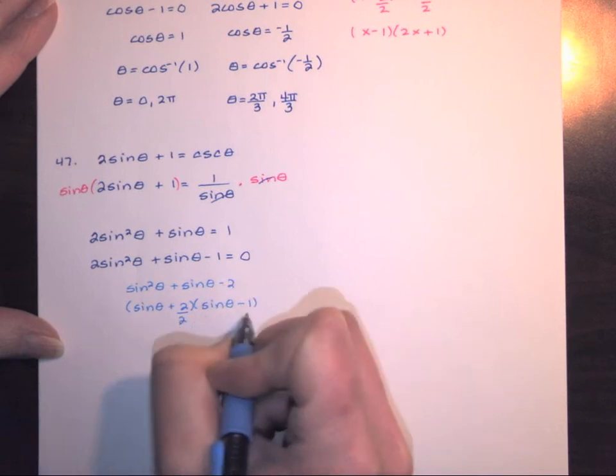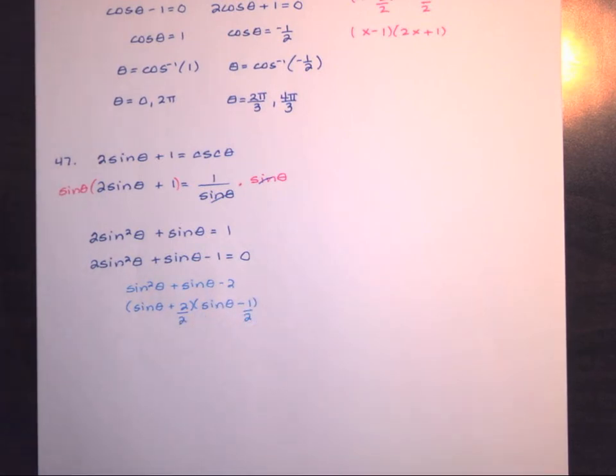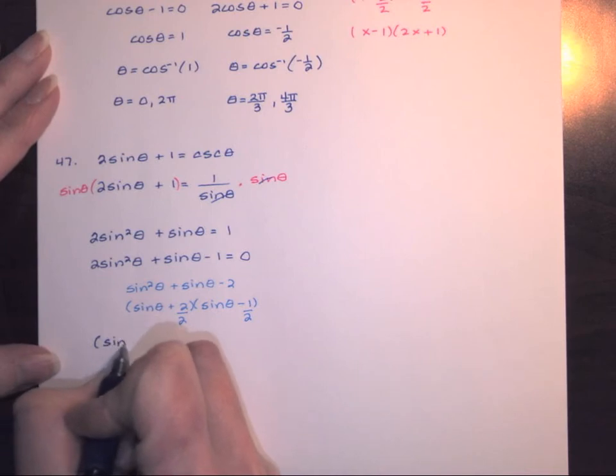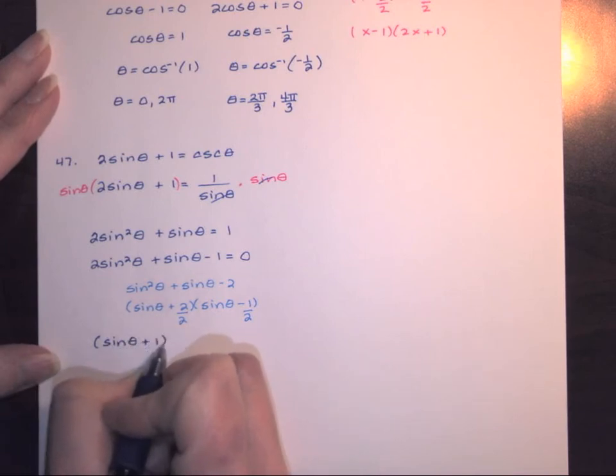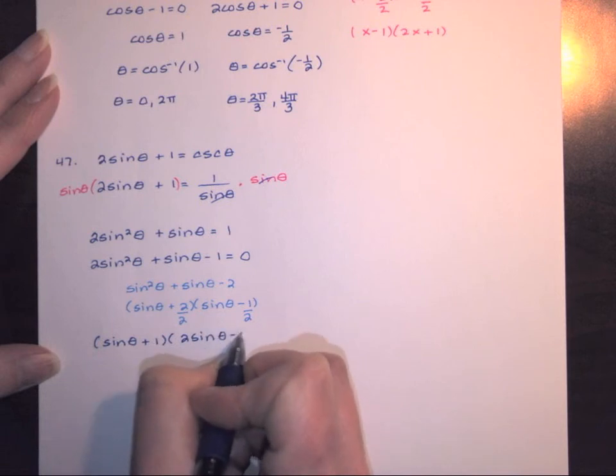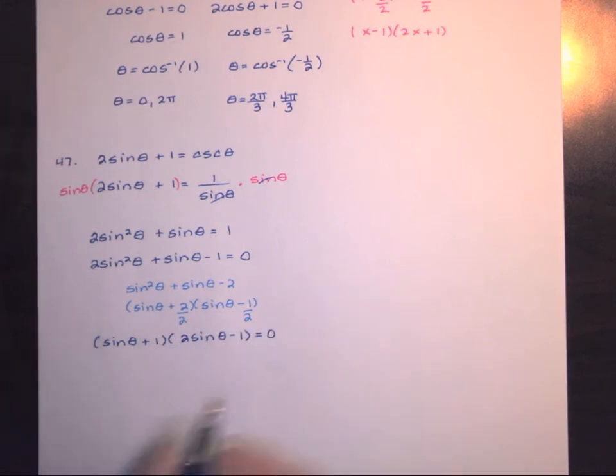Divide both of those by 2, and so I finish up having sine theta plus 1 times 2 sine theta minus 1 equals 0. All right?